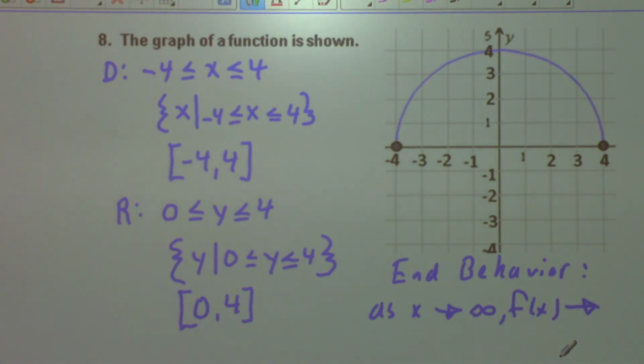Does it approach negative infinity either? So therefore, is there end behavior in evidence?